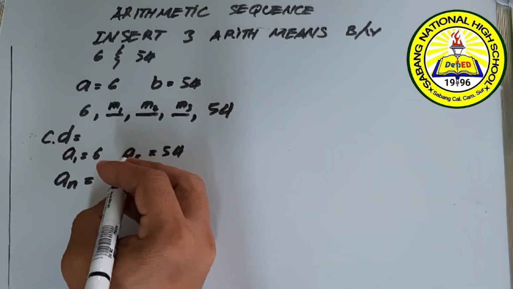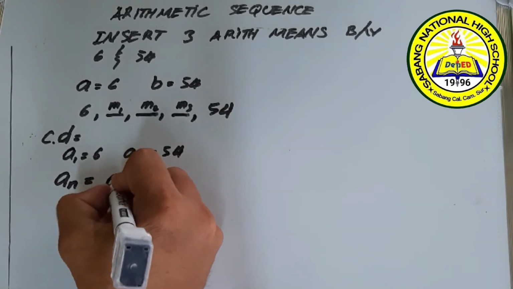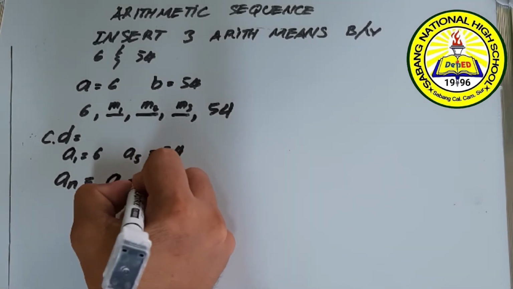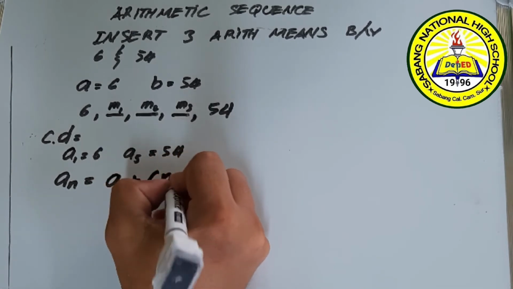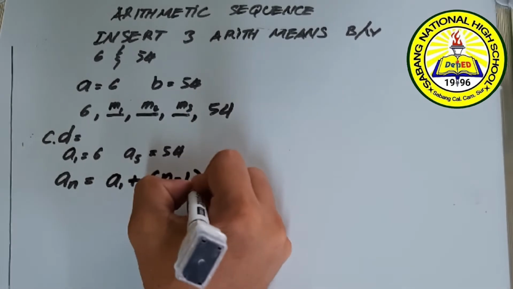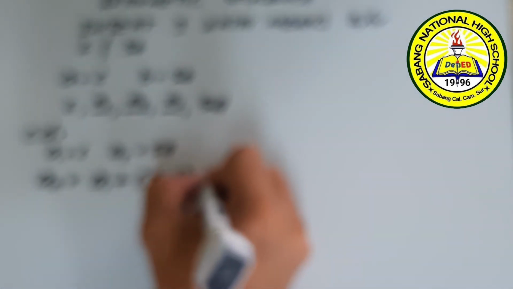So a sub n is equal to the first term plus the quantity of n minus 1 times the common difference. That is the formula for finding any term in an arithmetic sequence.